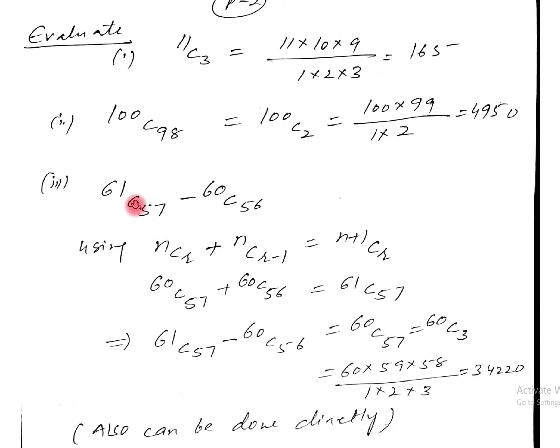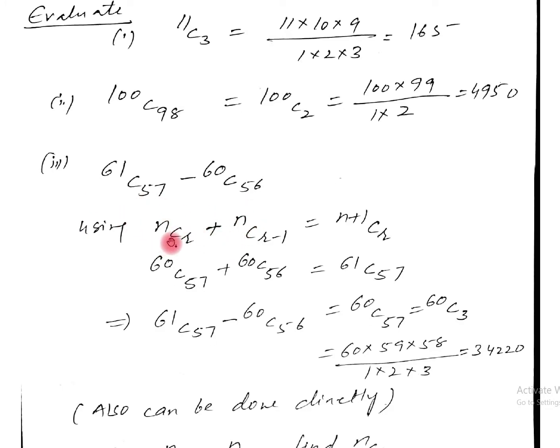Now we have to evaluate 61C57 minus 60C56. Either we can directly do the calculation or we can use the result to solve it. Earlier we have written that nCr plus nC(r minus 1) equal to (n plus 1)Cr. So it can be written as 60C57 plus 60C56 equal to 61C57.